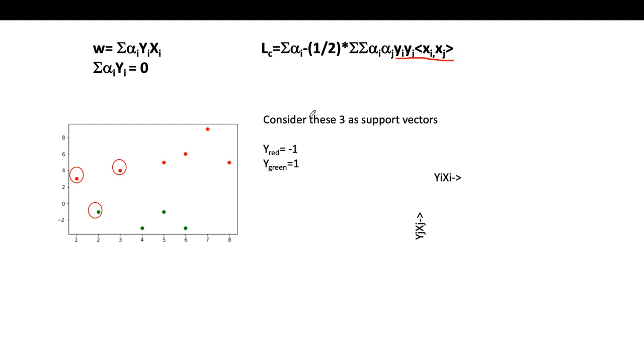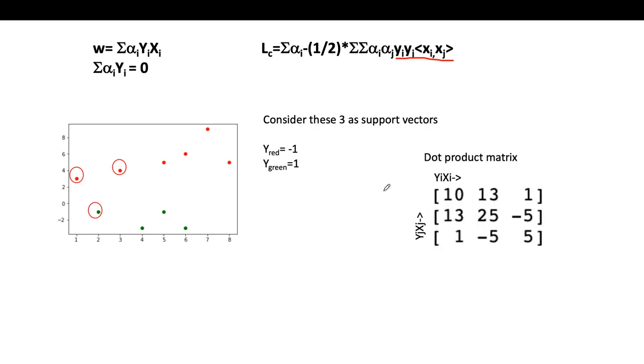We will have to do a product, a combination. We will have to find the dot product of each of these x's with each other, and also the y product with each other. So if we create a matrix, let this be x1, this be x2, and this be x3.